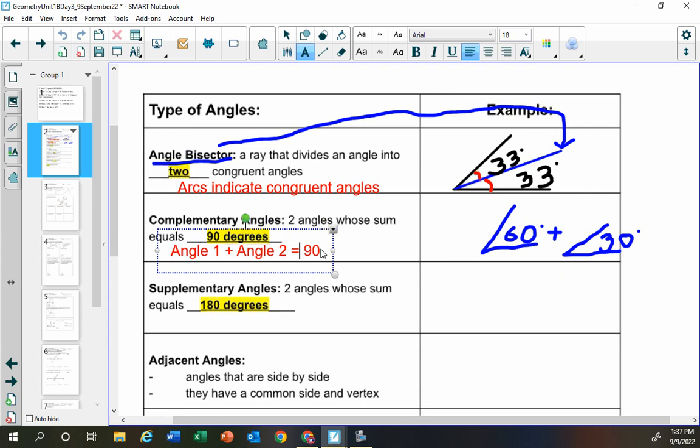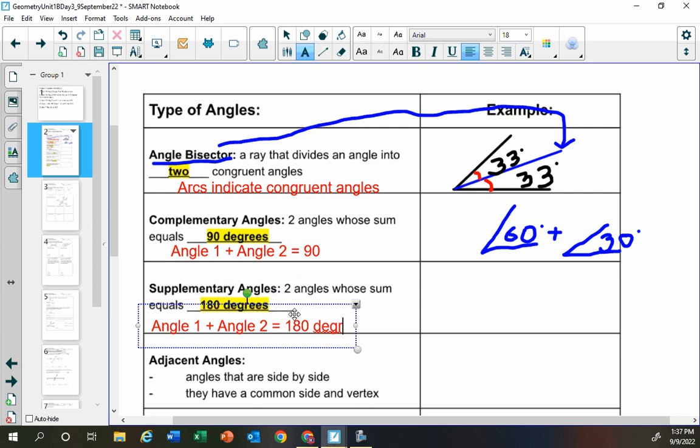And then similarly, supplementary angles. Rather than 90, they add up to 180 degrees.